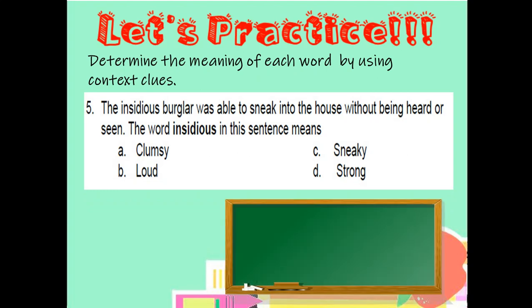The answer is sneaky, because we have here the context clue: without being heard or seen. It means that particular person can move freely, can move smoothly, without anyone noticing him. The term would be sneaky for insidious.